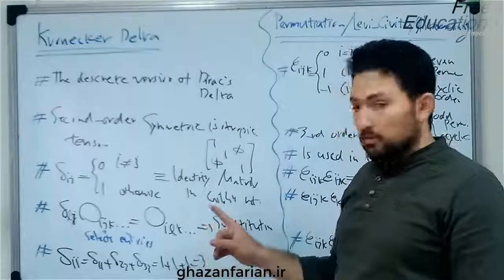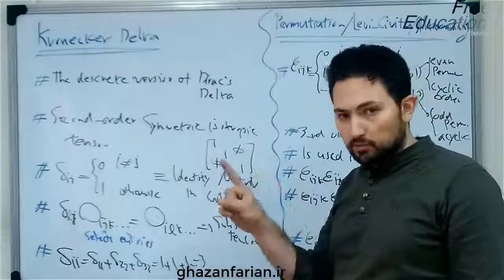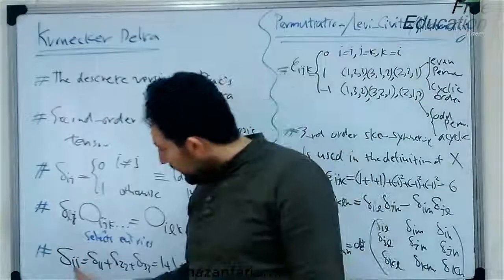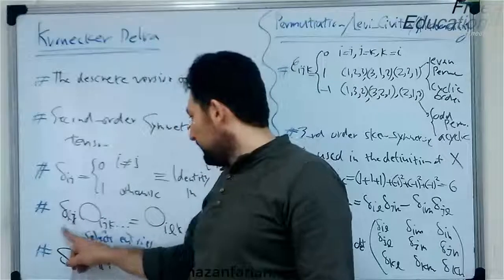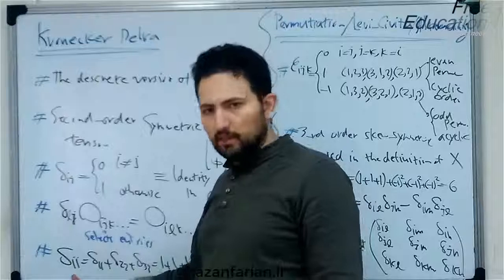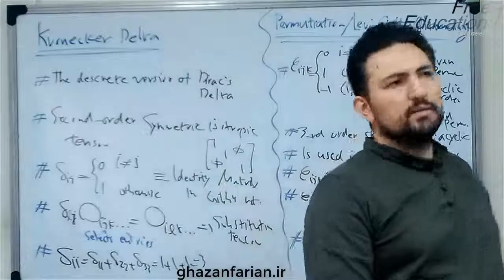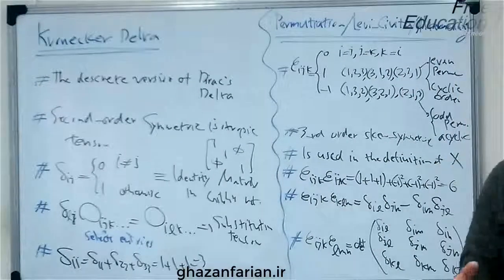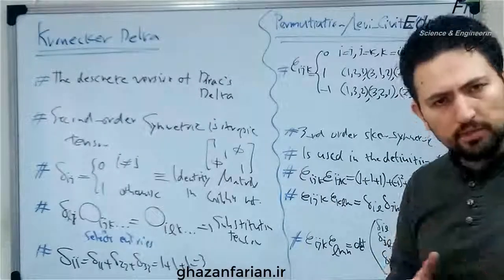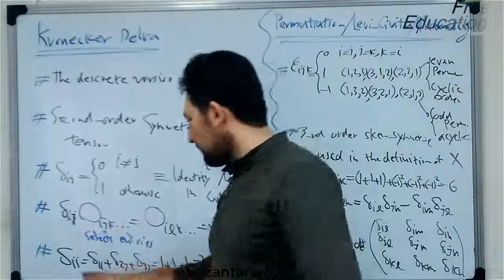There is a very well-known identity based on the Einstein's summation rule. Delta ii: when the indices of the Kronecker delta are identical, it means that these indices are not non-repeating anymore. They are dummy variables, and you have to perform the Einstein summation rule.